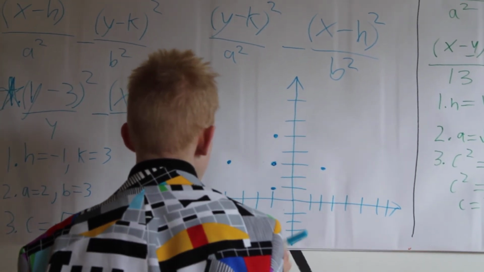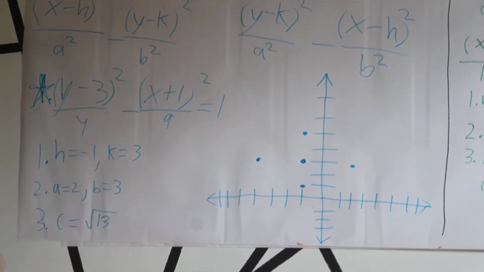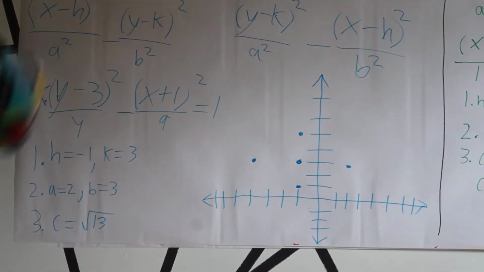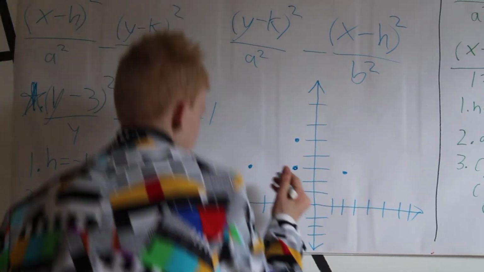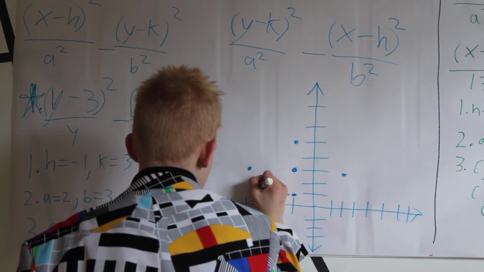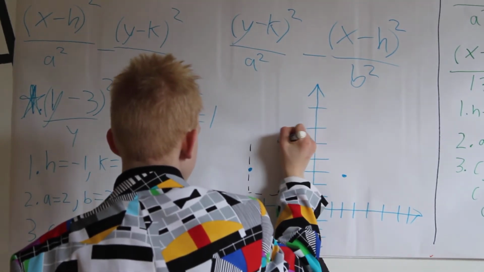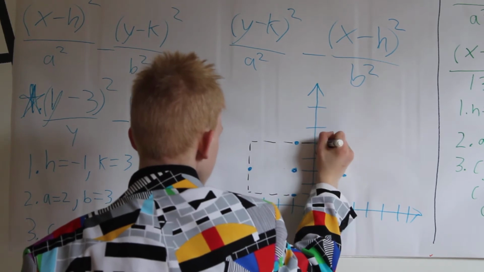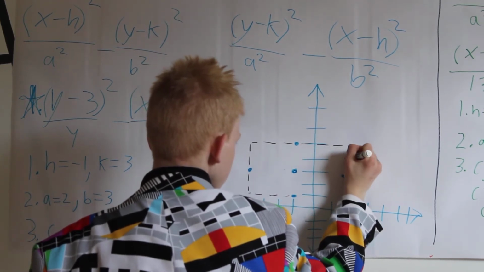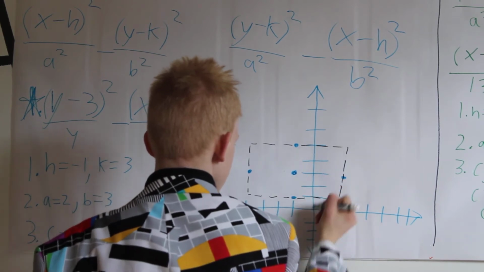And what this is creating is your little box which we talked about, which I'm going to draw in another color. That little box actually forms your asymptotes, which is really helpful when graphing. This is your box.